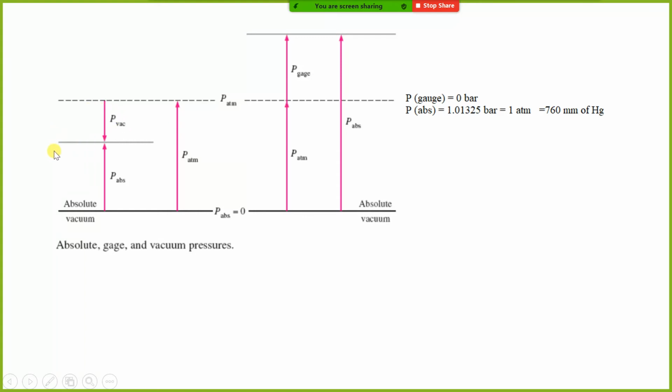It means absolute pressure is equal to atmospheric pressure minus 0.5. If you subtract 1.01325 minus 0.5, you will get the absolute pressure. Therefore, in terms of positive pressure, we add the gauge pressure. In terms of negative pressure, we subtract the vacuum.